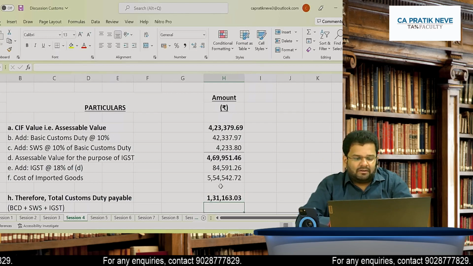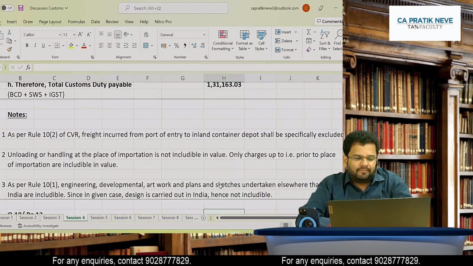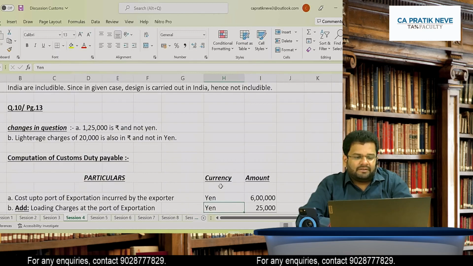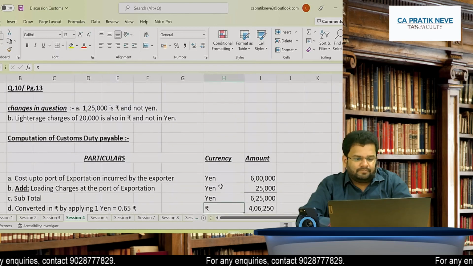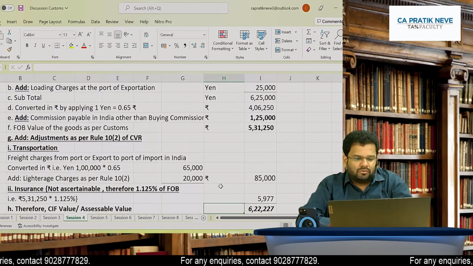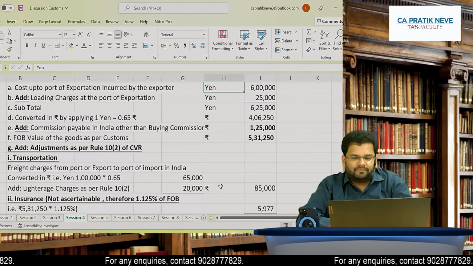You will get total customs duties payable. Agreed? Very good. So I think you will be able to handle these questions. Yes or no?